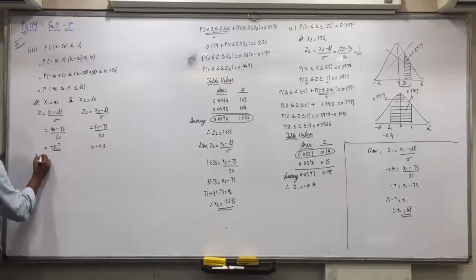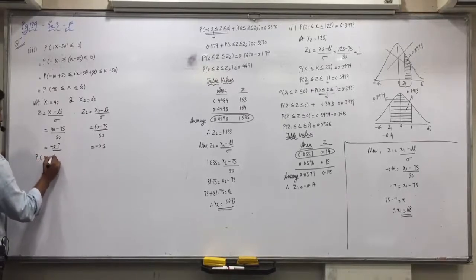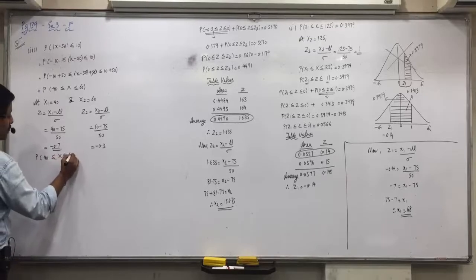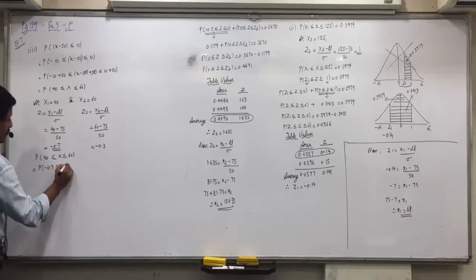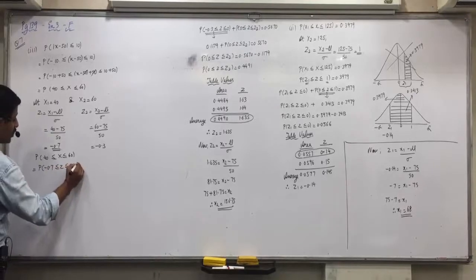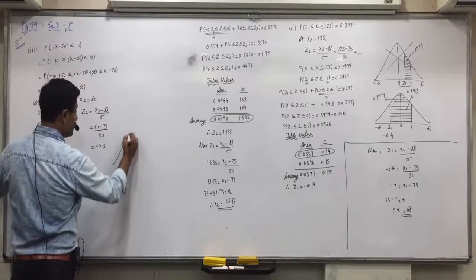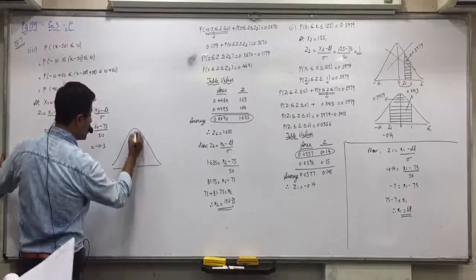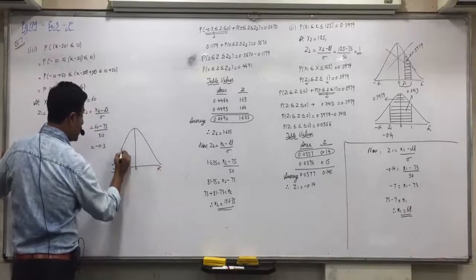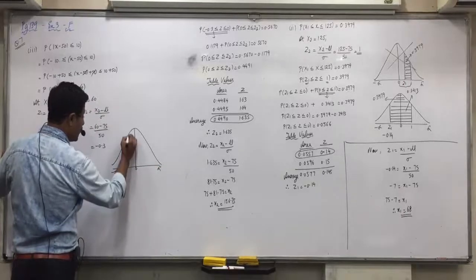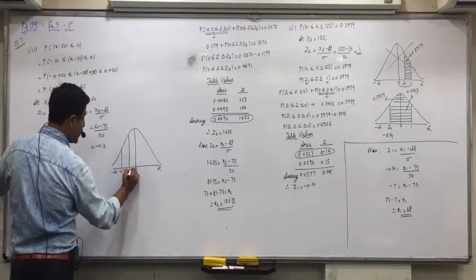So P of 40 less than equal to x less than equal to 60 equals to P of minus 0.7 less than equal to z less than equal to minus 0.3. Direct question, only one diagram. Minus 0.7 on the left side, also minus 0.3 on the left side.